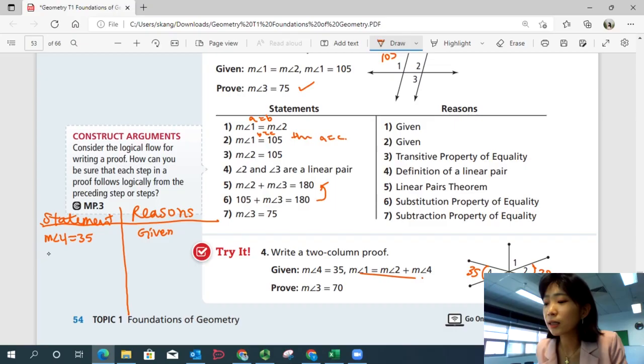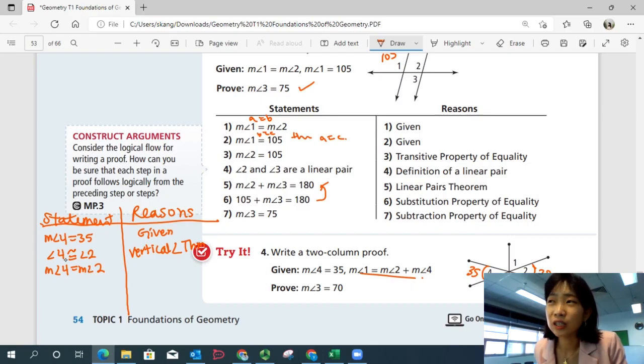So let's state that as well. Angle 4 is congruent to angle 2 by vertical angles theorem. And then say that the measure of angle 4 is equal to measure of angle 2. Notice that when you're talking about measurement, you can write an equation because we're dealing with numbers.